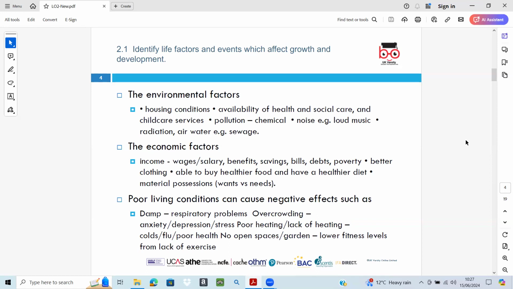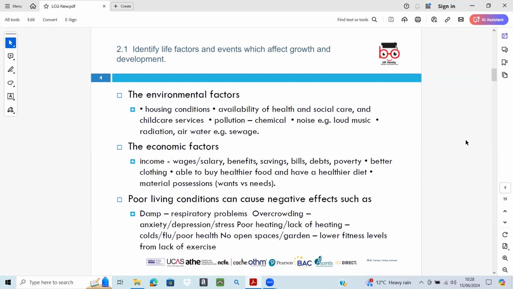They have given us some examples. So damp housing: living in damp conditions can lead to respiratory problems such as asthma and other issues related with breathing.